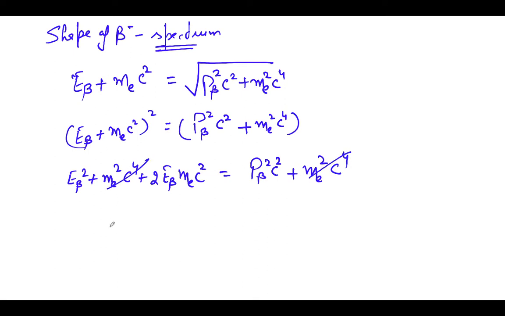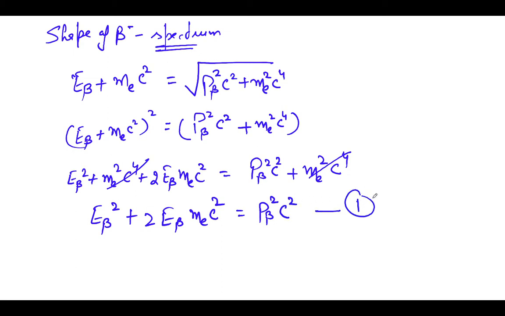So this gets cancelled. So what we get is E_β² plus 2 E_β m_e c², which is equal to p_β² c². So let us say this is our equation number 1.